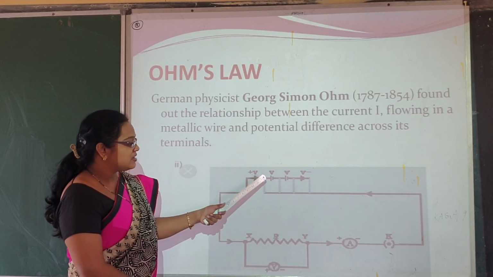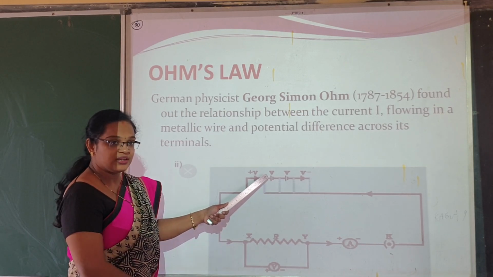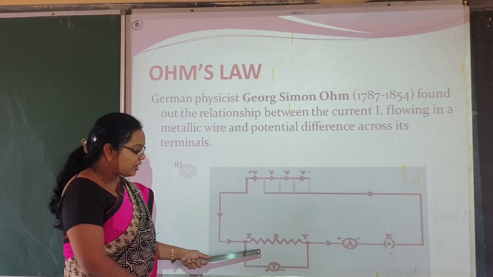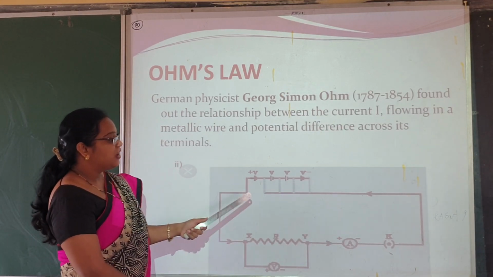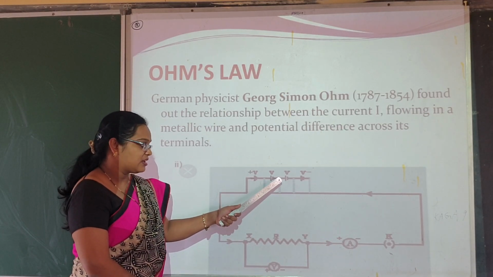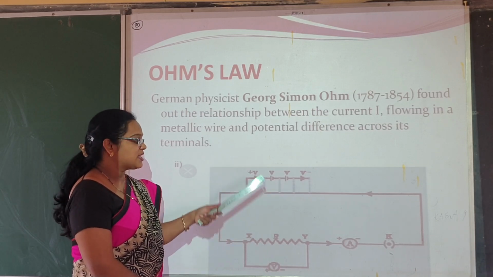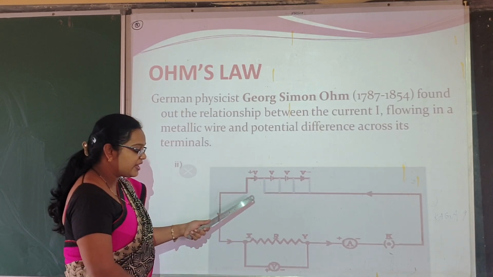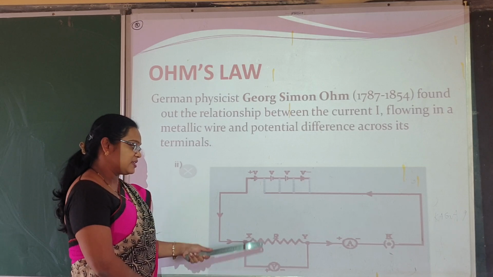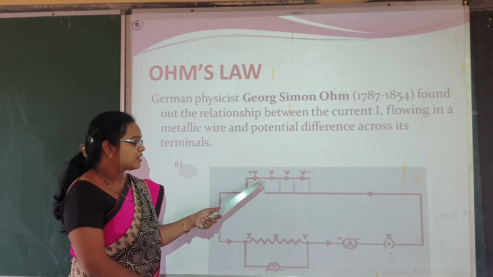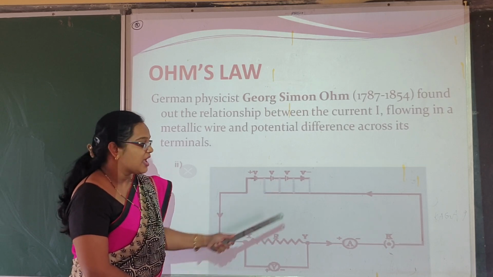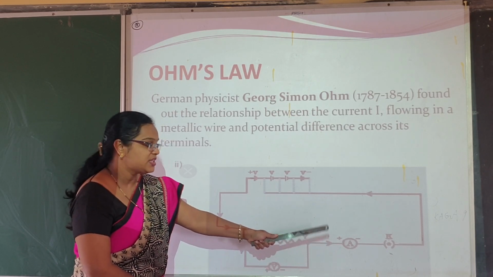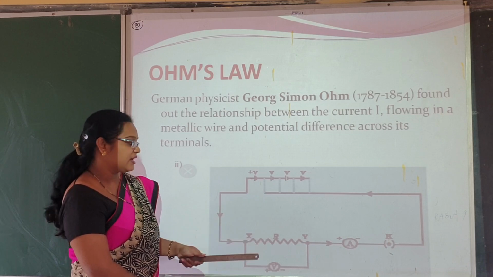Next we join one more cell, and the corresponding voltmeter and ammeter readings are noted down. Adding one more cell to the circuit means we are increasing the potential difference. If you increase the potential difference, the ammeter value, which is the current value, also changes.